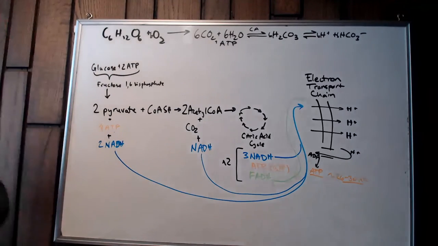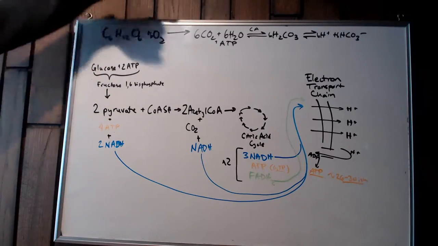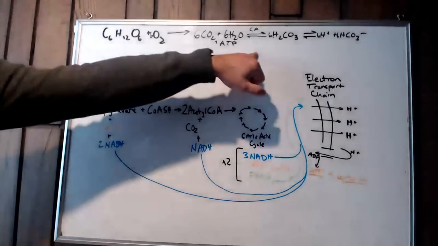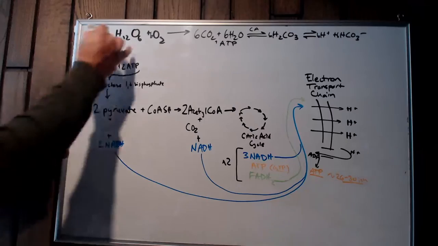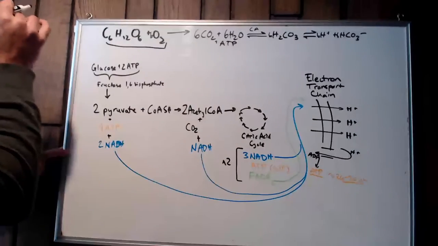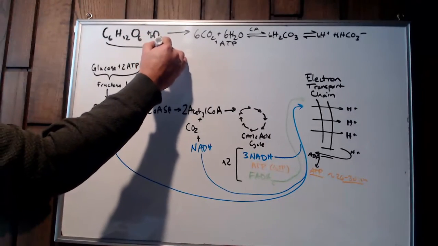But remember, when we're talking about this whole thing, we have this equation at the top, or as I like to call it, the equation for life, or cellular respiration. We have C6H12O6 plus 6O2, so this is going to be aerobic respiration.